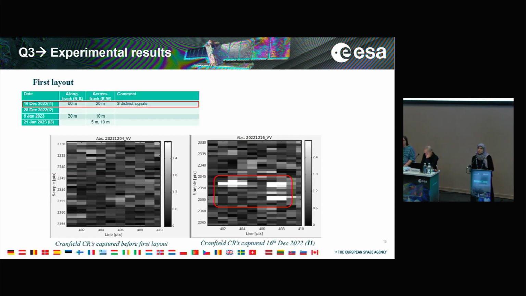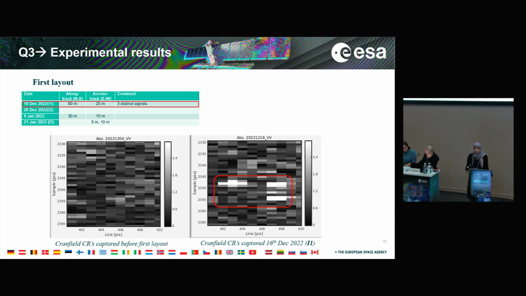So as I mentioned earlier, we implemented 3 different layouts in an L-shaped design. We kept the central corner reflector at the same location in each layout, and then decreased the distance between the corner reflector in along track and across track direction to achieve what we wanted.